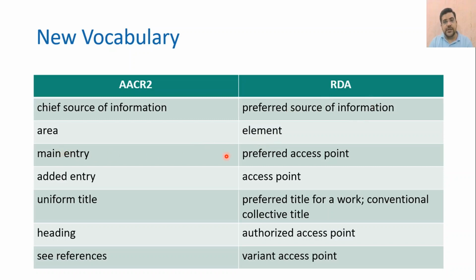Main entry is now preferred access point. Added entry is now access point. Uniform title is now preferred title for a work or conventional collective title. Heading is now authorized access point, and the see references are now variant access point.